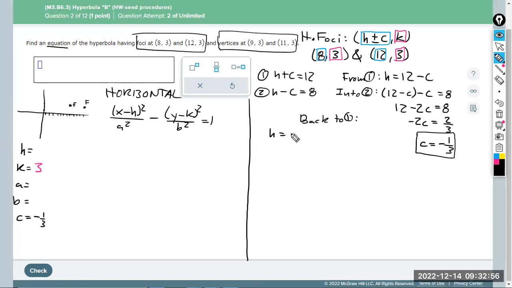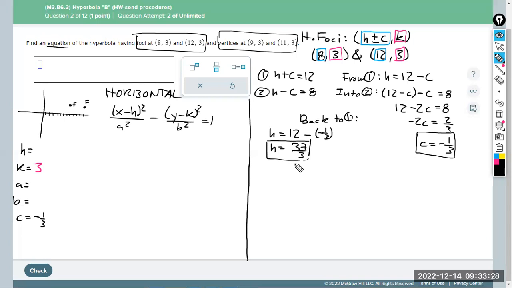We have that h equals 12 minus c, but we already know the value of c, that is 1/3, minus 1/3. And that means that h equals, oh my god, that is 37/3. Okay, this doesn't look good. What did I do wrong?